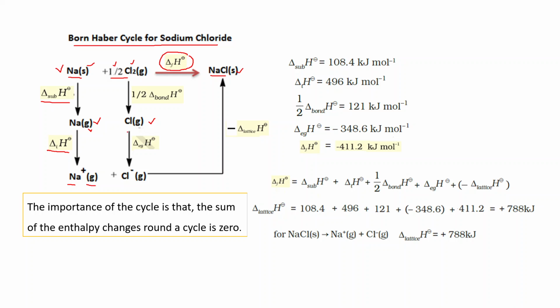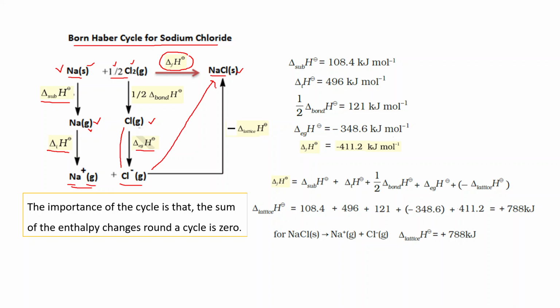Now this Cl will convert into Cl minus, and whatever change takes place when an electron is added is known as electron gain enthalpy. And when the Na plus gaseous ion and Cl minus gaseous ion are held together by the electrostatic force of attraction, they convert into NaCl solid.